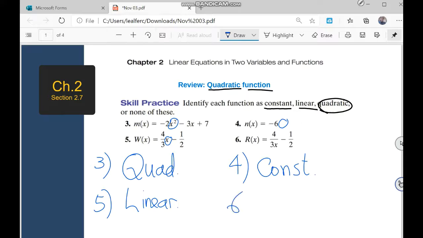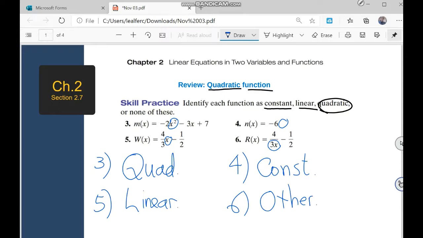And number 6, we have r of x equals 4 over 3x minus 1 over 2. Here the x is in the denominator. If the x is in the denominator, this is actually a reciprocal function, if you remember the reciprocal function. But it's not going to be constant, not linear, not quadratic, so it's another kind of function.